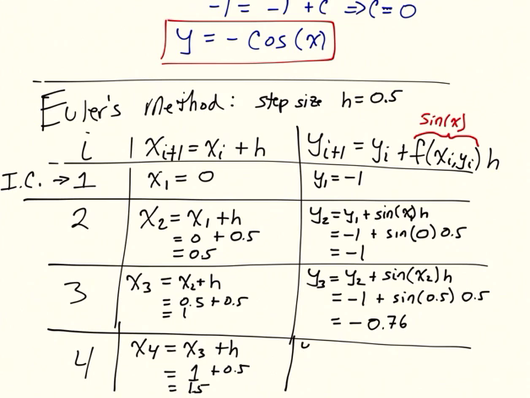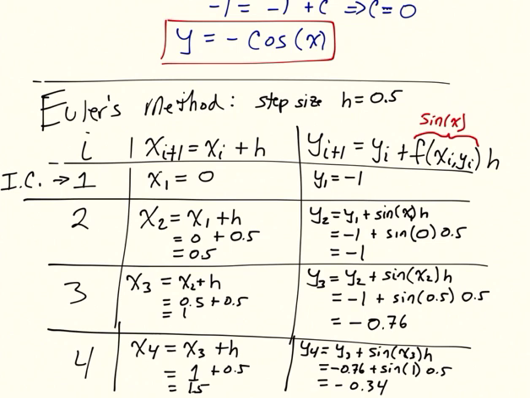And we're going to solve for y4, which is equal to y3 plus the sine of x3 times h, which is equal to minus 0.76 plus the sine of x3, which is 1, all times 0.5. And that, if you do out the math, comes out to minus 0.34.